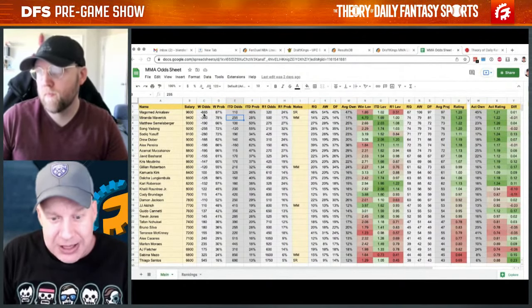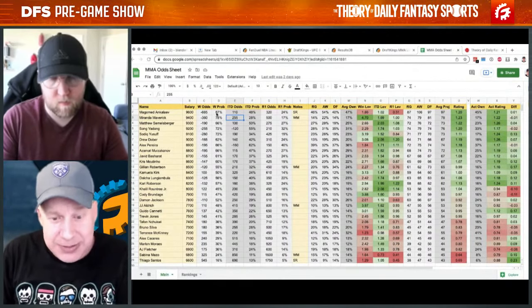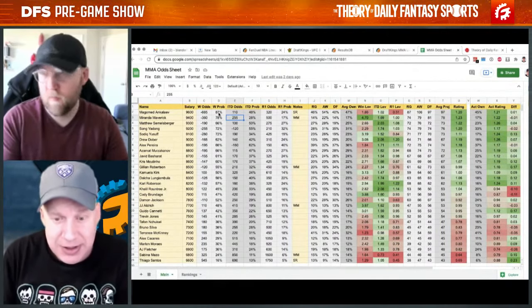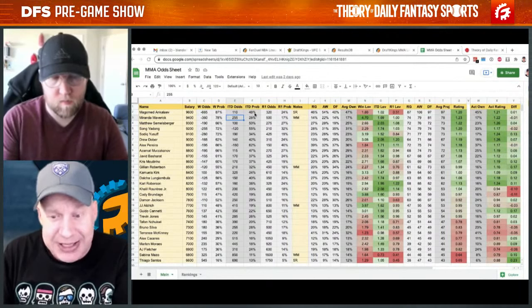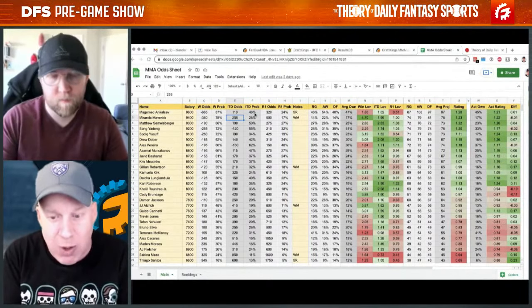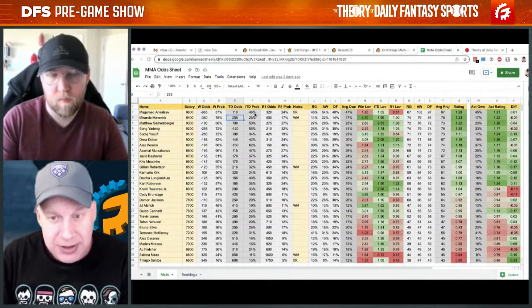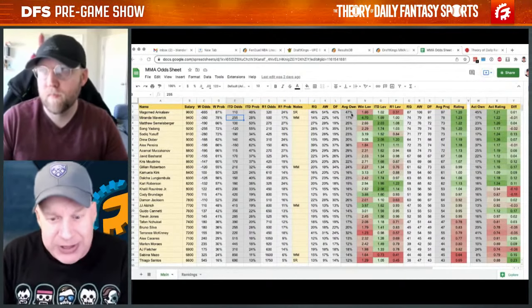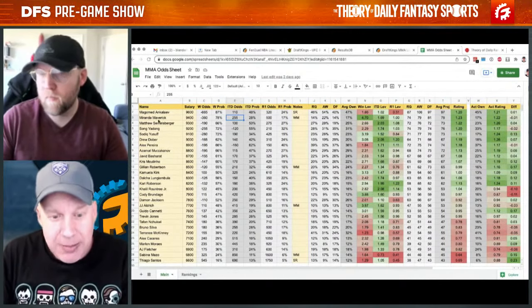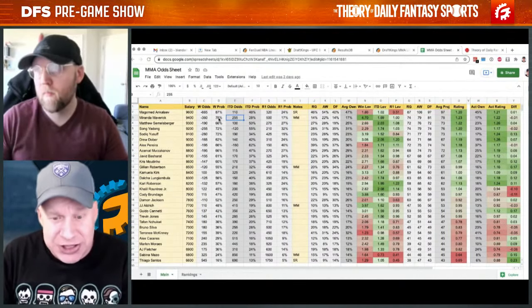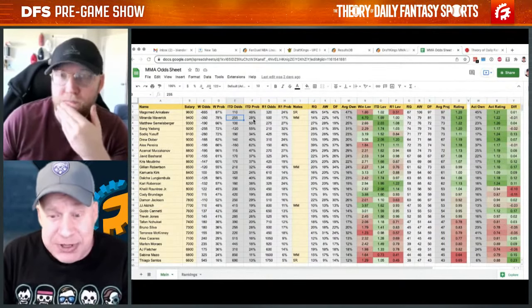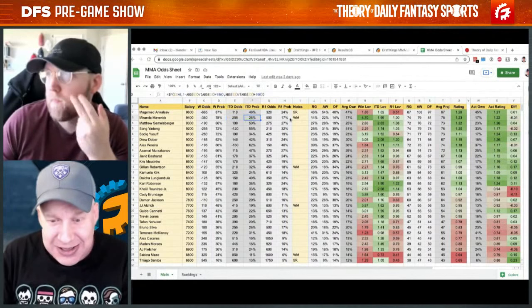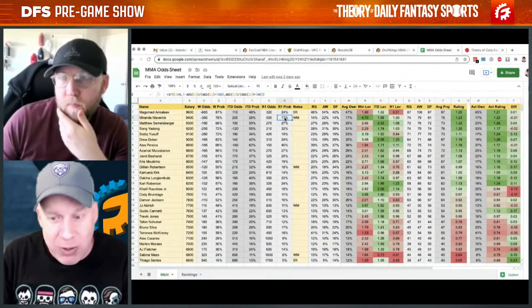Ankalaev's win probability is 87%, his inside the distance probability is 48%, and his round 1 probability is 24%. Miranda Maverick is a 78% chance to win, 28% inside the distance, and 17% in round 1.